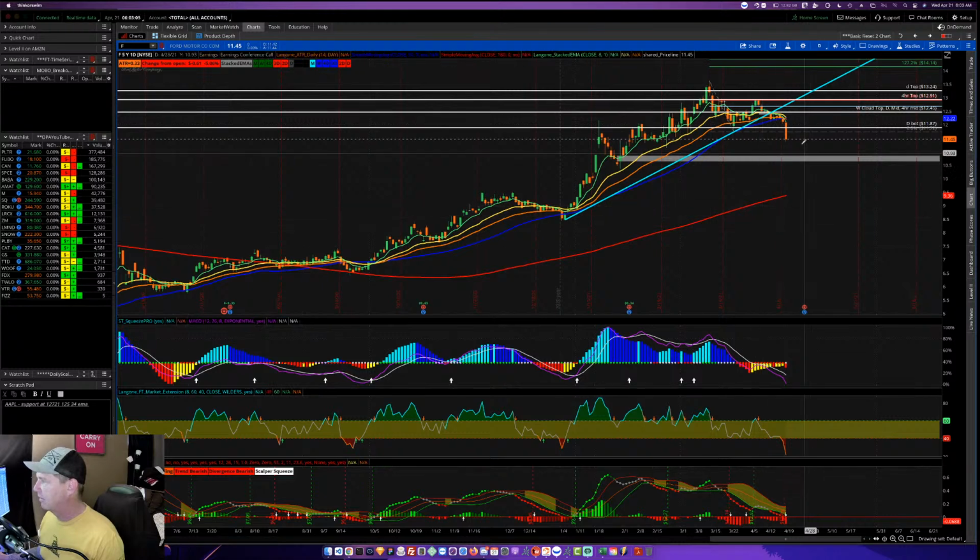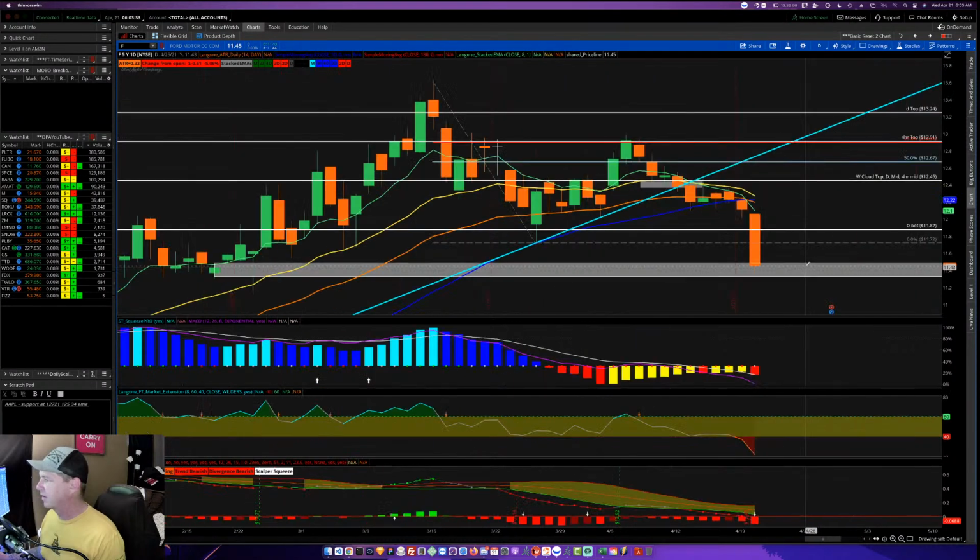Even though that's going to be my next level of major support, we were also currently testing previous support of this trend. It'd be this trend, its trend reversal doji back in February.